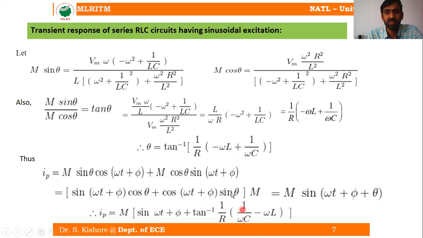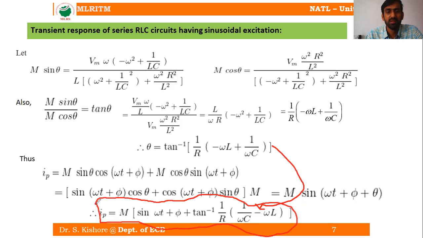So I am substituting this theta value over here. Now substituting this, we came across the final particular function. But here we have the other unknown value, that is m. So let us get the value for m here. Our role is to find the value for m.